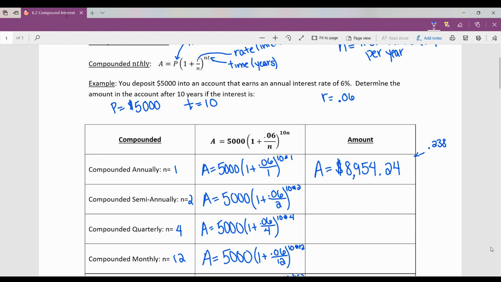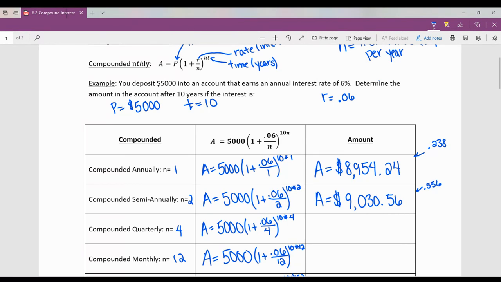So I get the amount in my account is going to be $9,030.56 because this was 0.556. So we round that up to 56.